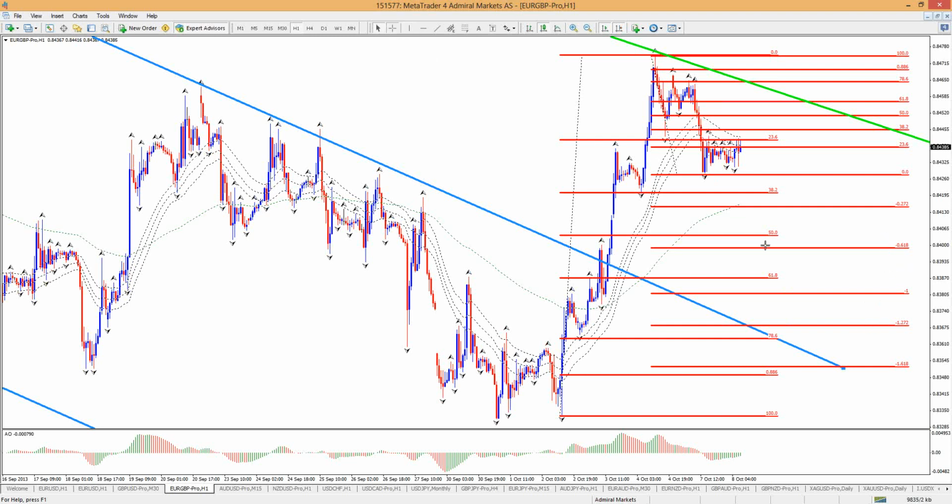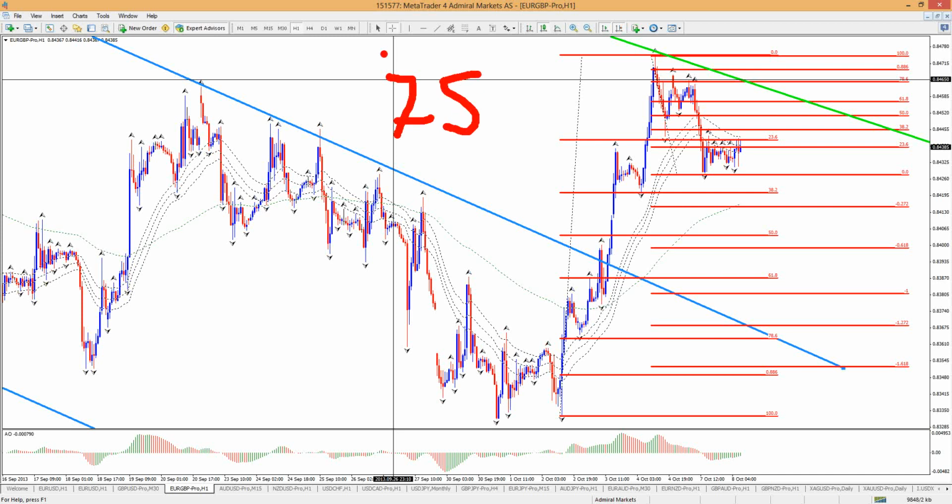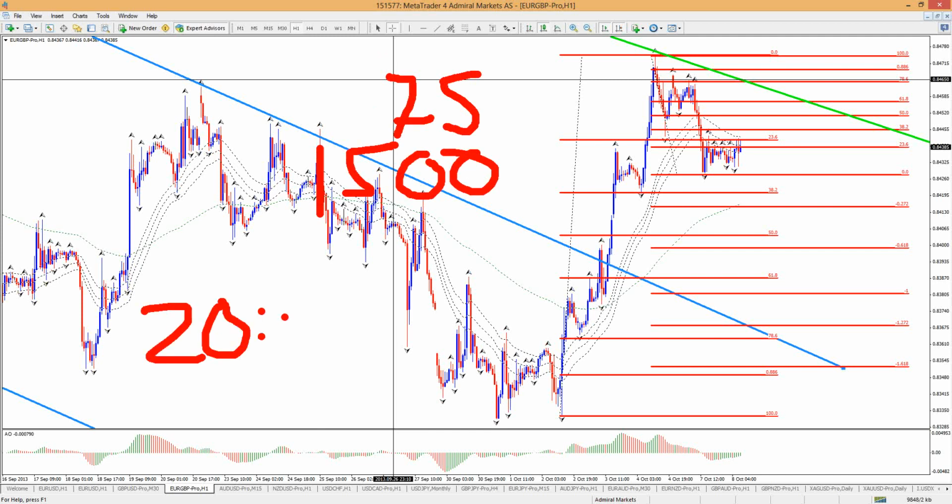So an entry order at 84 with a stop loss below 83.30, around 83.27 or 83.25. That's a 75 pip stop loss, but the target is going to be 98, which is 1,500 pips. So it is a 20-to-1 reward to risk.